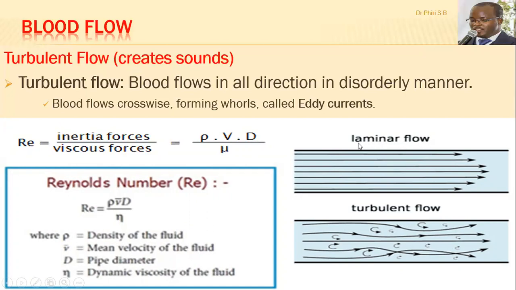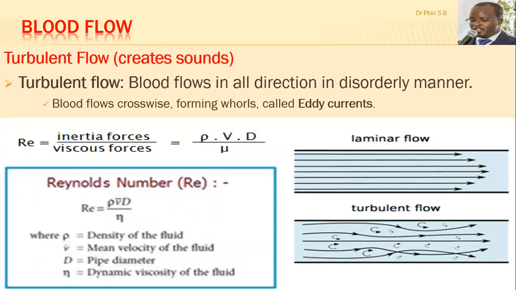If the Reynolds number is between 2,100 and 4,000, then you're going to have a transition whereby the laminar flow will change into turbulent flow. Anything greater than 4,000, you're going to have more of turbulent flow.